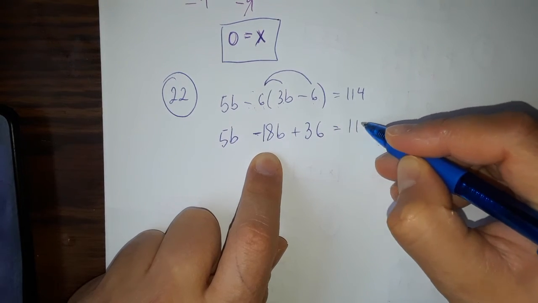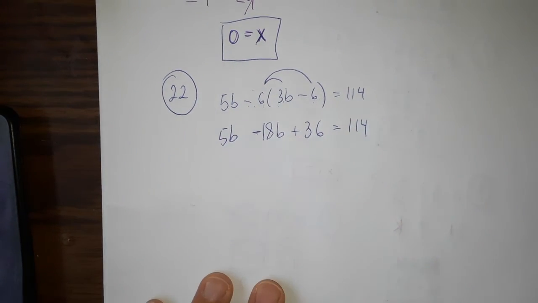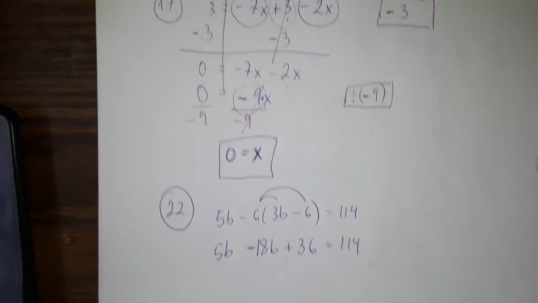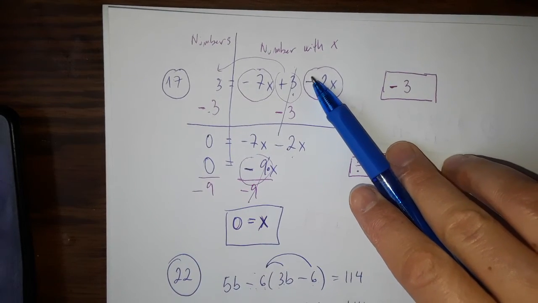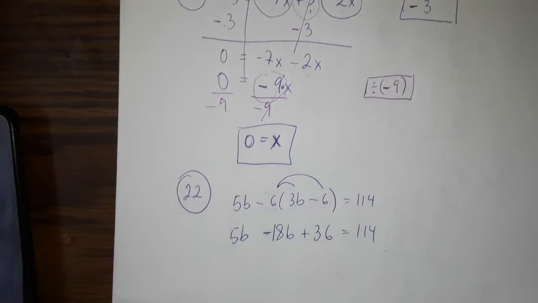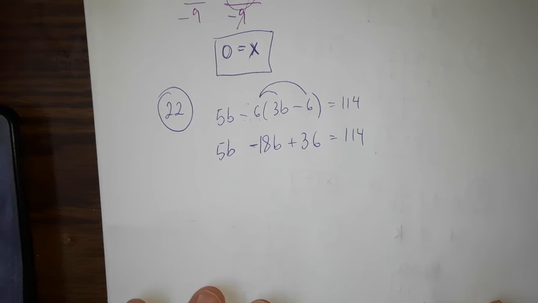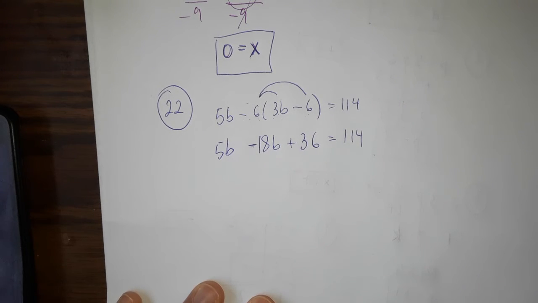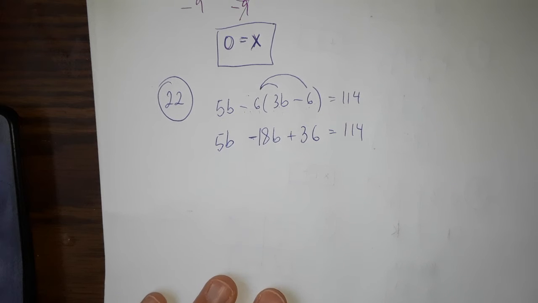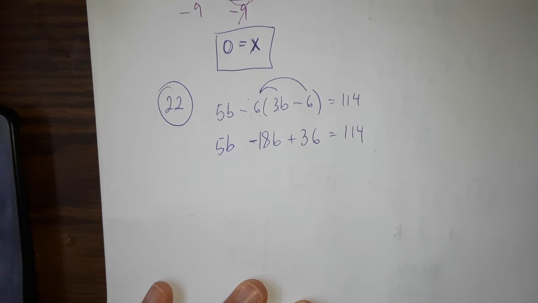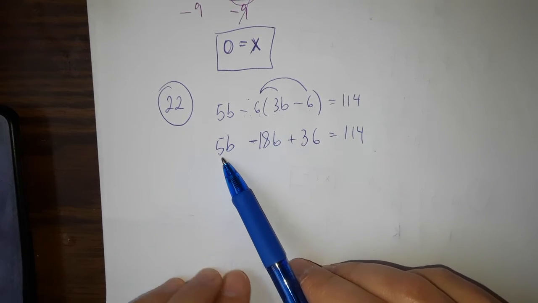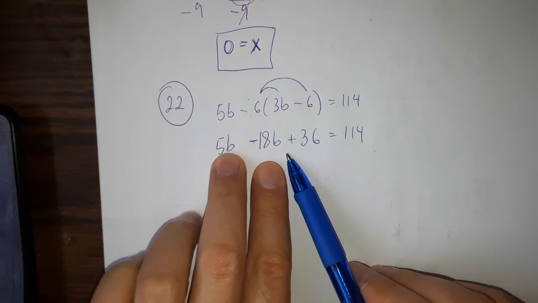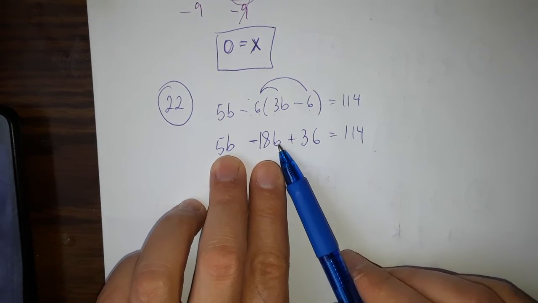And now, without the parentheses, we're at the same place as we were before. So numbers with an x, or a b, on one side, numbers without on the other. Now the variable is b, right? So these two have b, so we're gonna leave the b's on this side, and the numbers we're gonna throw on the other side.